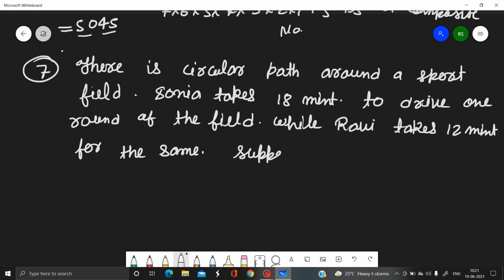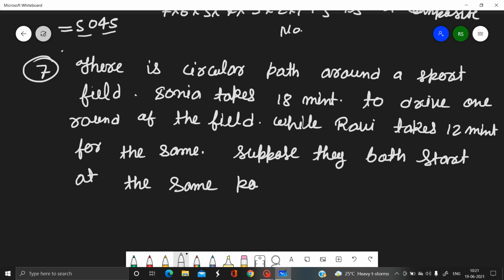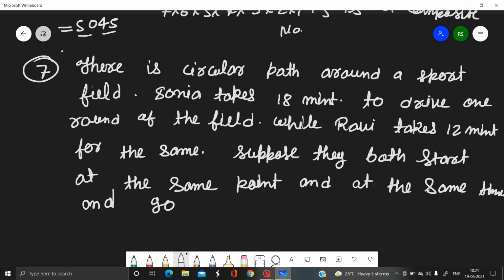Suppose they both start at the same point and at the same time also, and go in the same direction.